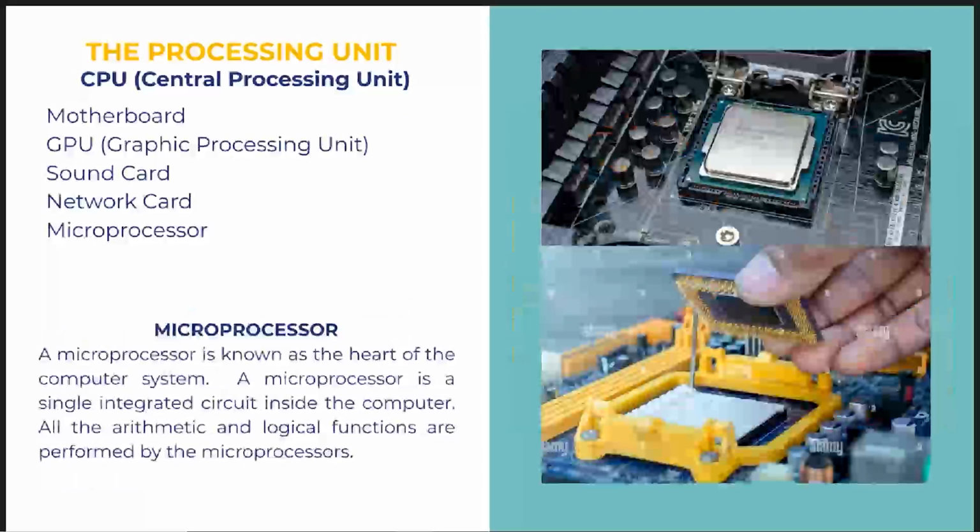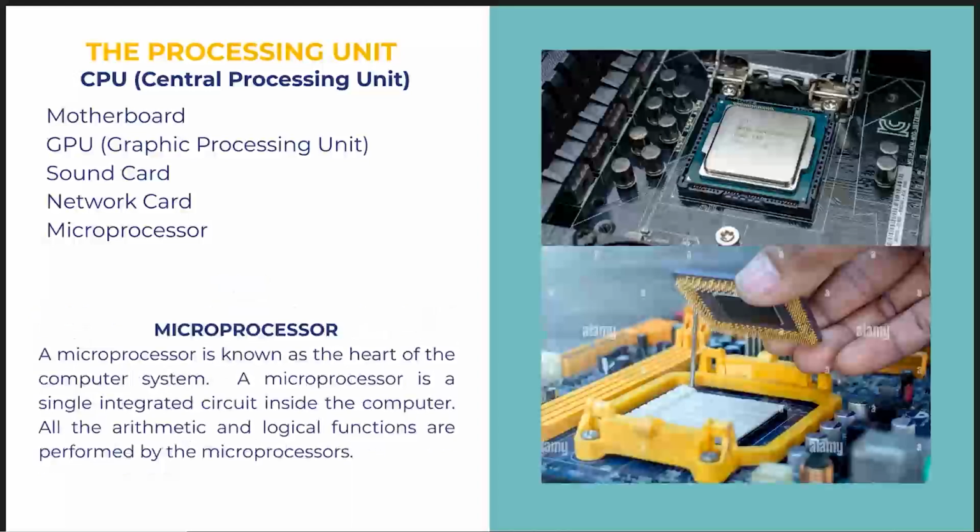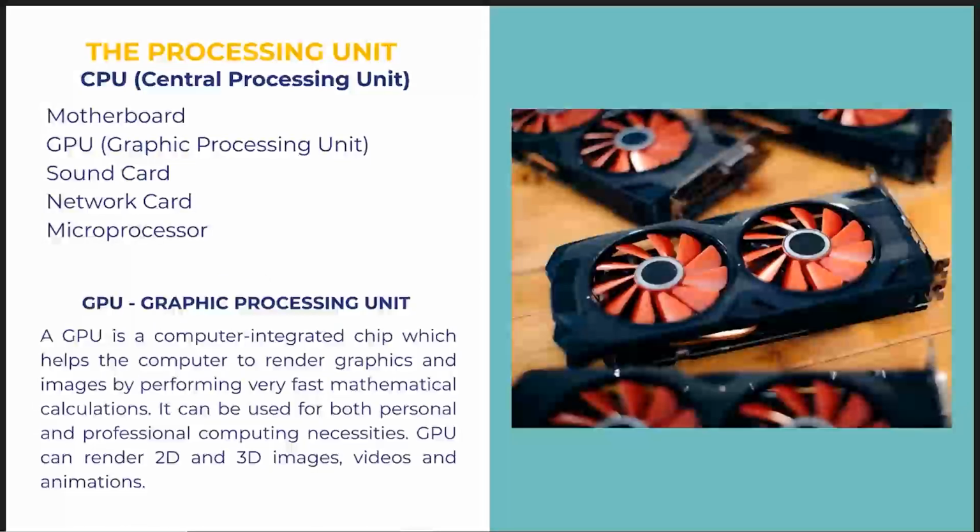All of these parts, as I mentioned before, all make up what is in this box, which is called the chassis of the computer, and hence the CPU. So we have the microprocessor, which processes, the graphics processing unit, which adds to the processing power of the processor to give better graphics.